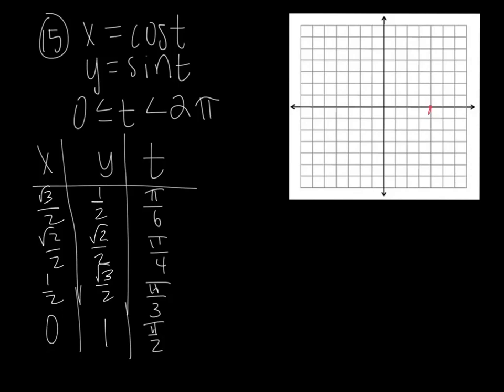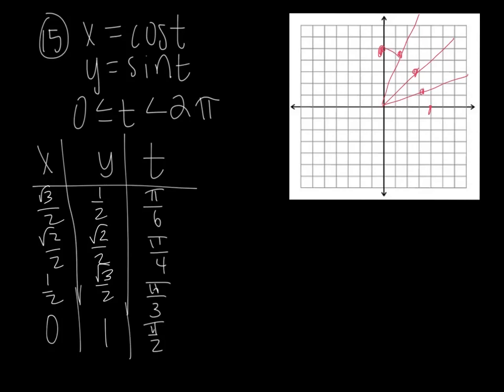So you got 0, 1 at pi over 2. At pi over 3, you have 1/2, root 3 over 2, somewhere there. That's not accurate, but something like that. Pi over 4, you got root 2 over 2, root 2 over 2. And pi over 6, you got root 3 over 2, 1/2.